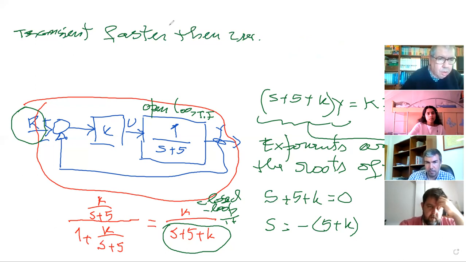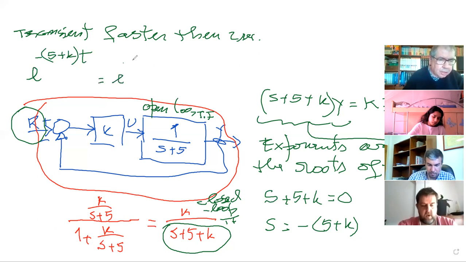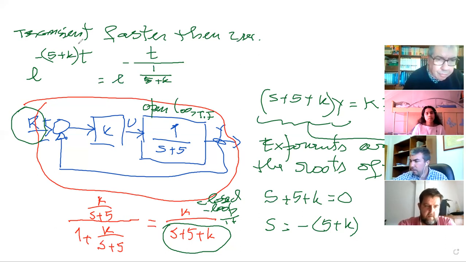So I know that I have an exponential of minus 5 plus K times T. And I can write this as exponential of minus T divided by the inverse of that, 5 plus K. So dividing by the inverse is the same as multiplying by 5 plus K. The advantage is that this is a time constant.